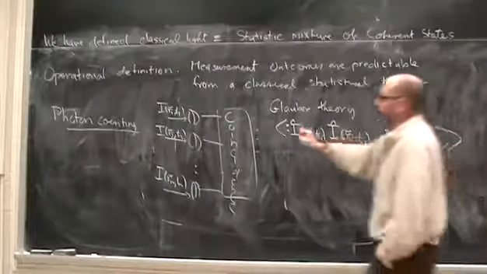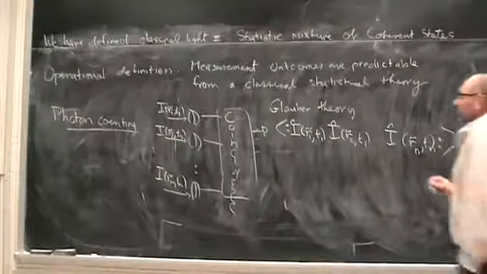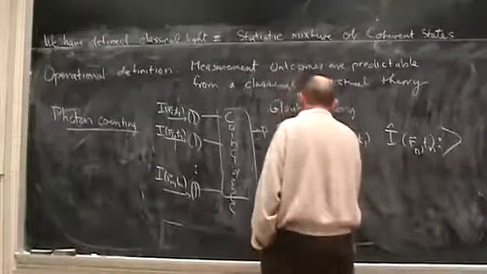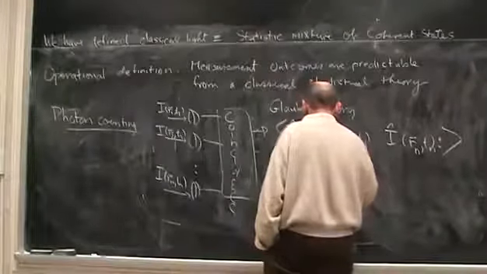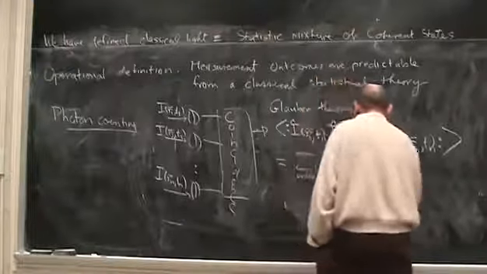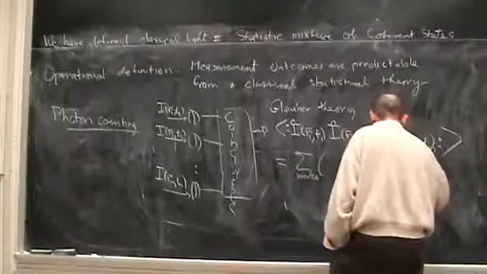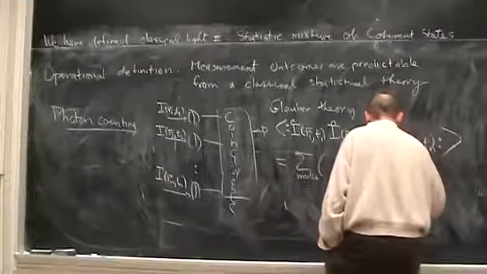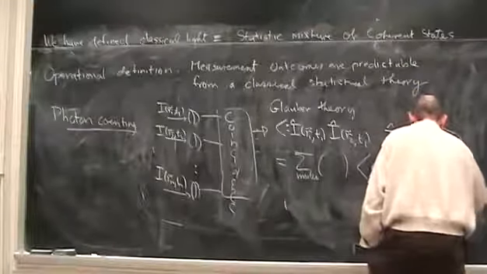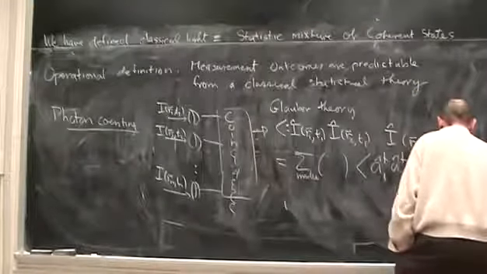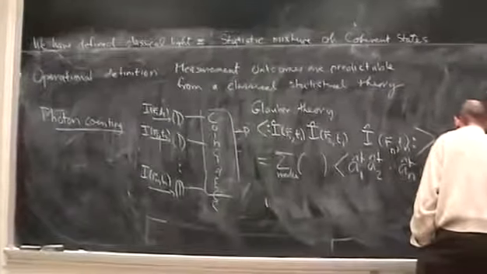So that's my coincidence. And this was equal to some sum over all the modes, some constants, and then a dagger for mode 1, a dagger for mode 2, dot dot dot, a dagger for mode n, a1, a2, dot dot dot, an.